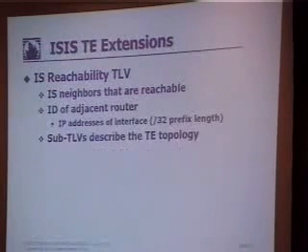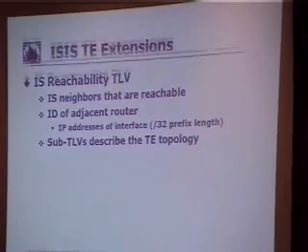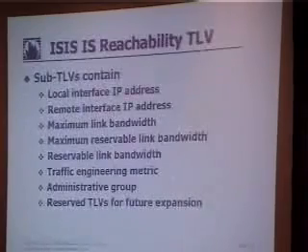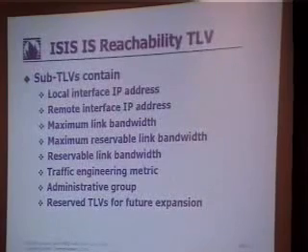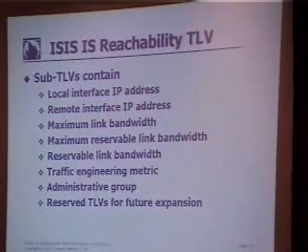The extensions that do have something to do with traffic engineering are the sub-TLVs that were added to a new IS reachability TLV. And the sub-TLVs carry some of the attributes we've been talking about, like the maximum link bandwidth on any given link, and the maximum reservable link bandwidth. Let's say it's a fast Ethernet, 100 meg of link bandwidth, but you can configure RSVP to either oversubscribe or undersubscribe that.